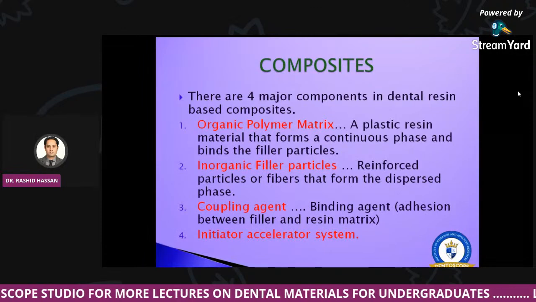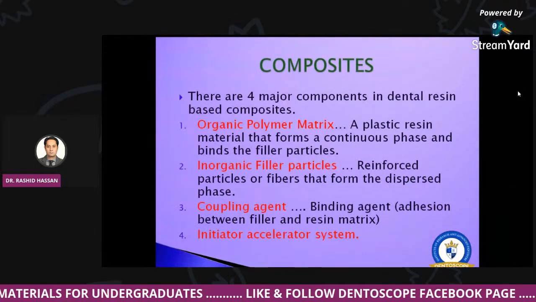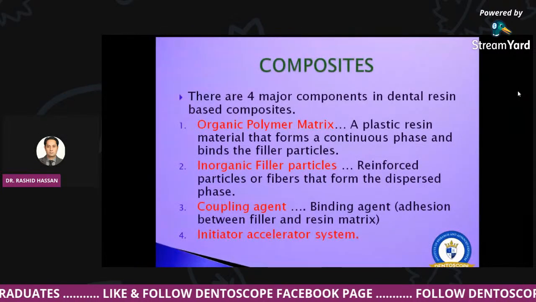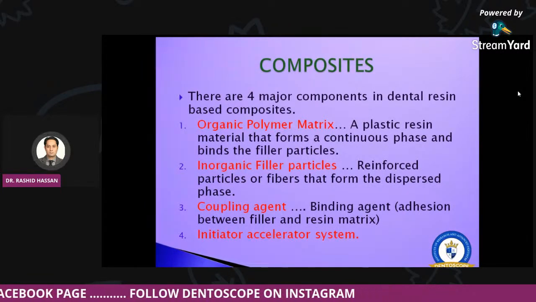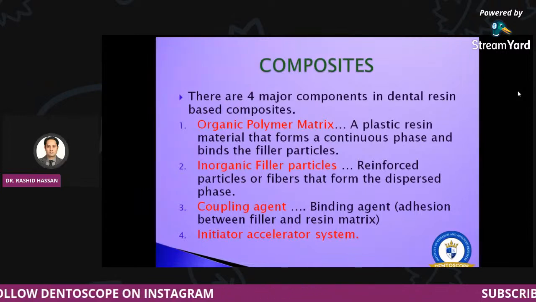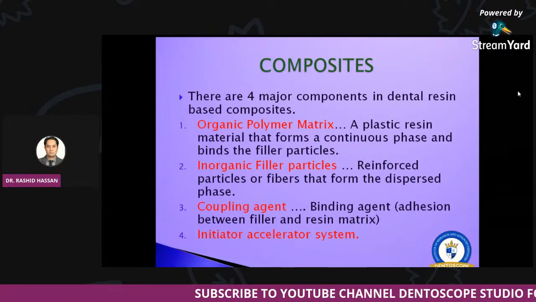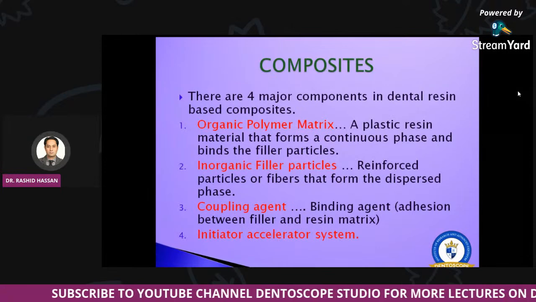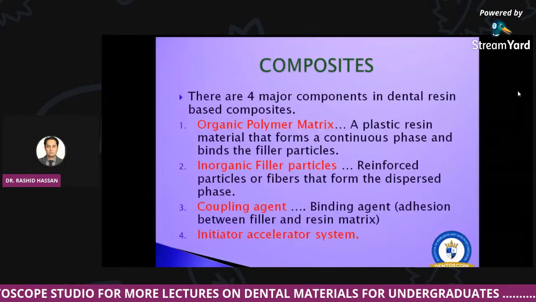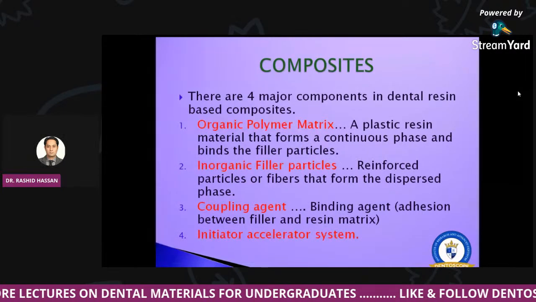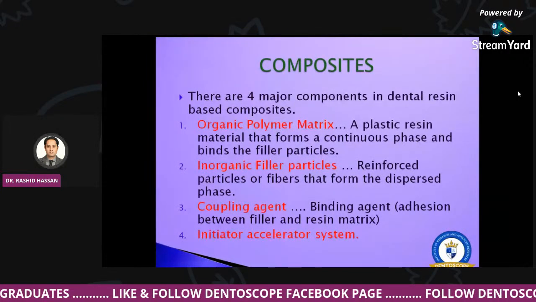So here, just like the natural composite, you can appreciate that there is an organic component, the organic polymer matrix, and inorganic filler particles. So it is also like the natural composite, right? Because it is a mixture of an organic part and an inorganic part. The organic polymer is basically a plastic resin material that forms a continuous phase. As I told you, the composite is a mixture of two: one is a continuous phase, and the other one is the dispersed phase. The continuous phase is formed by the organic polymer matrix, and the second component, the inorganic filler particles, are the dispersed phase.